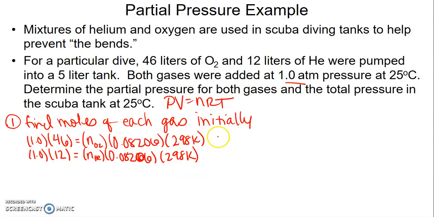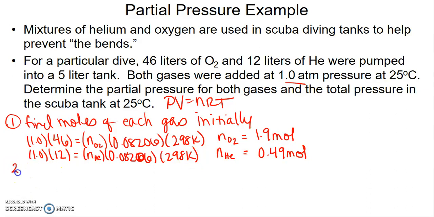If we do this math, we get 1.9 moles of oxygen gas and 0.49 moles of helium.